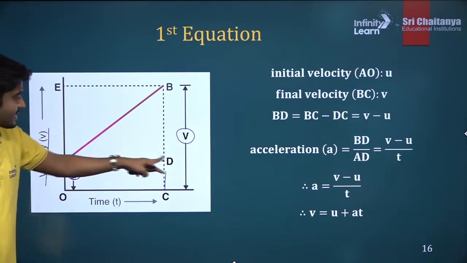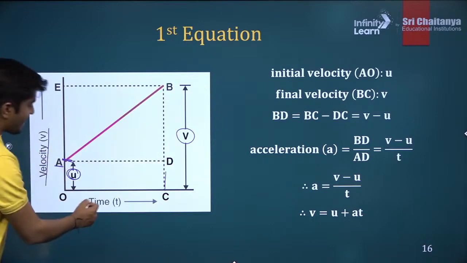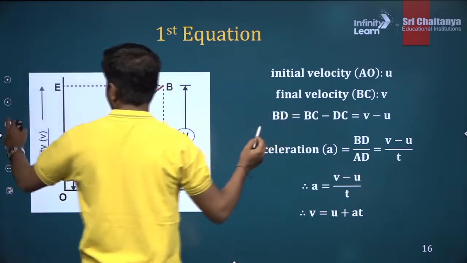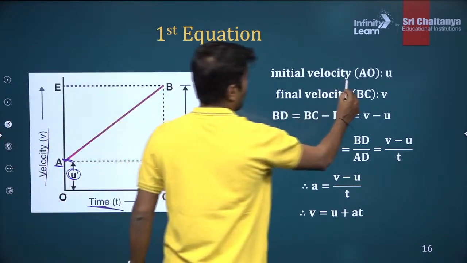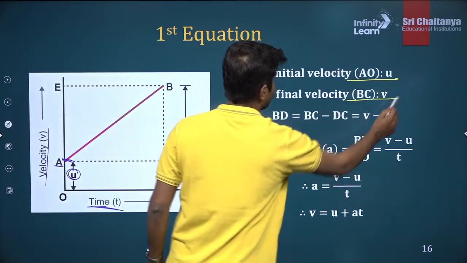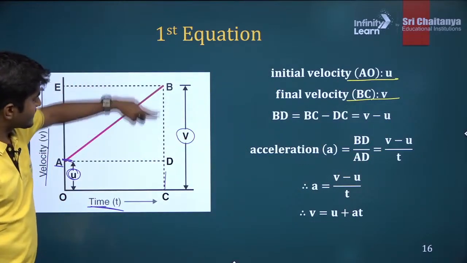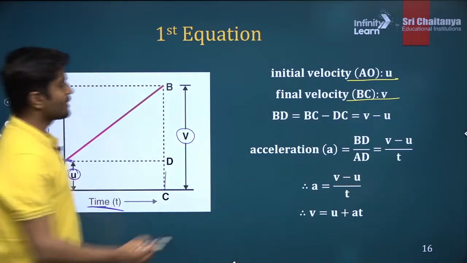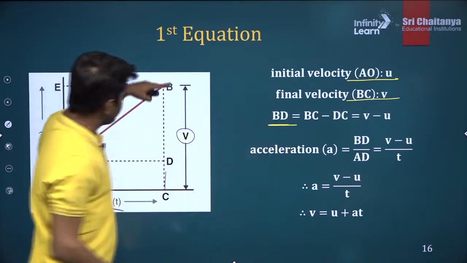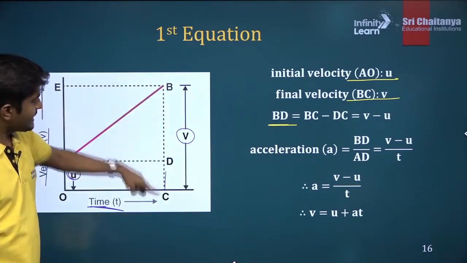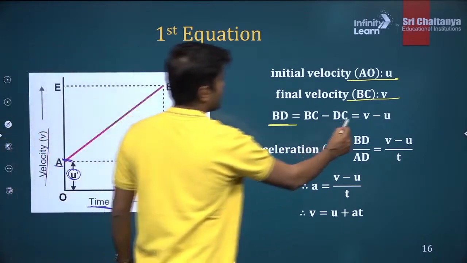Now this is our time axis. So initial velocity is AO, which is u, final velocity is BC, which is v. So this difference BD, what is this difference? It is simply BC minus DC, which is v minus u.